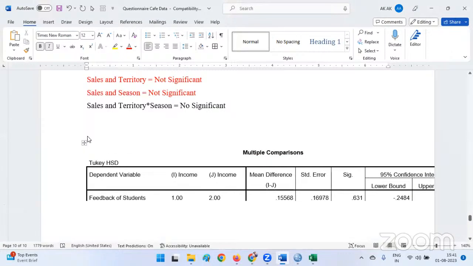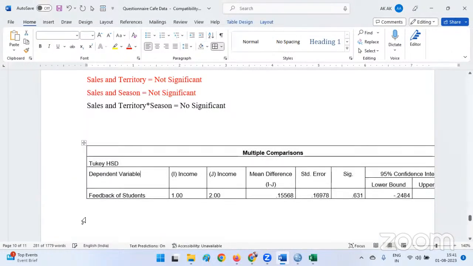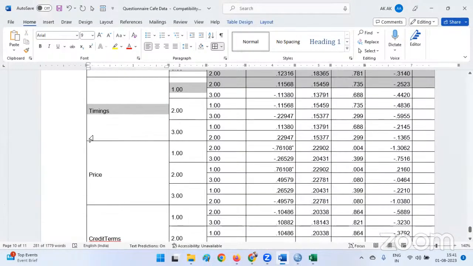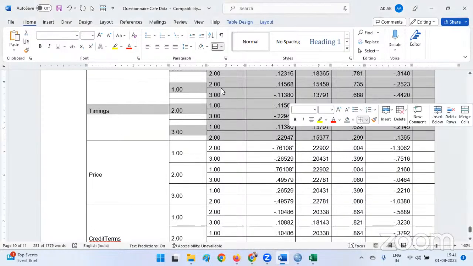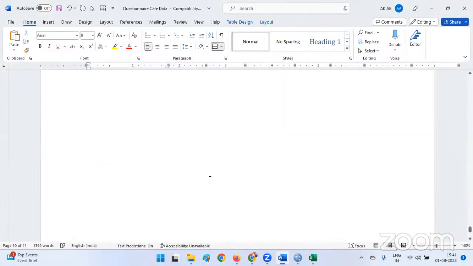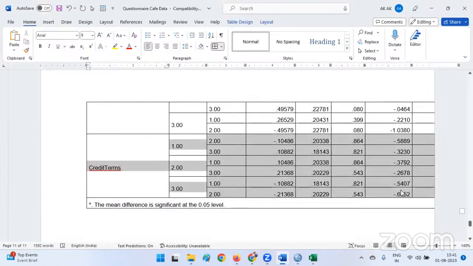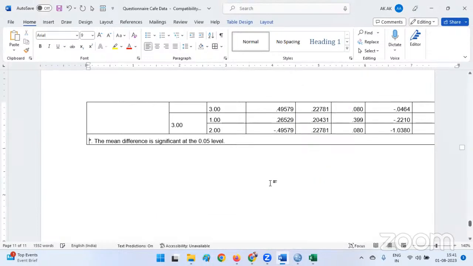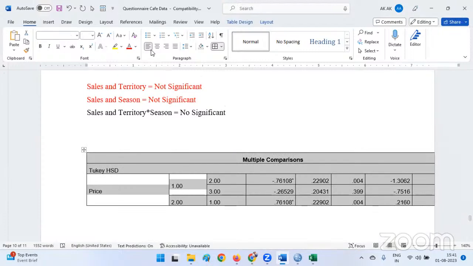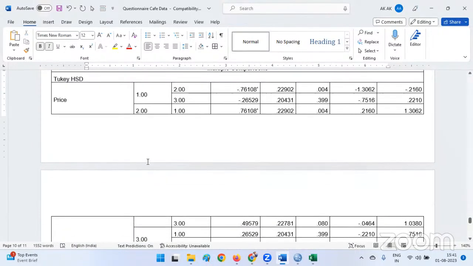First of all, I should delete all the extra variables which are not significant at all. Post hoc I do for the variable which is significant initially. So initially only price is significant, so I will do post hoc only for the price.